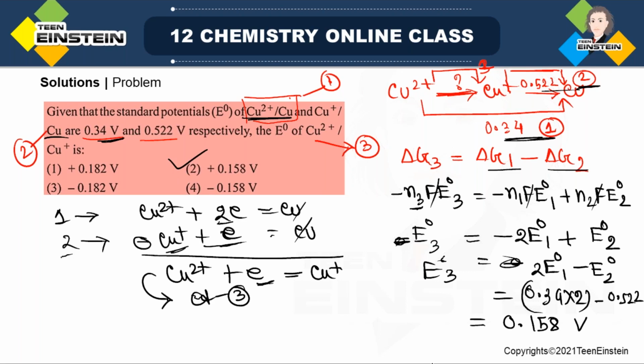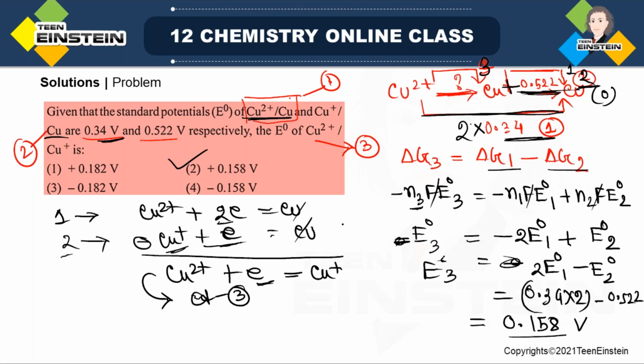This is one method that you can follow, and if you want to follow this method, see, this range is given which involves 2 electrons, so just multiply with 2, and this range is also given from +1 to 0 and 1 electron is involved, so 0.522 it will be 1. So from this range, if you subtract this, then directly also you can get the same value.